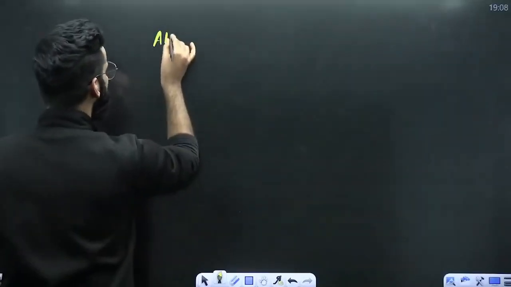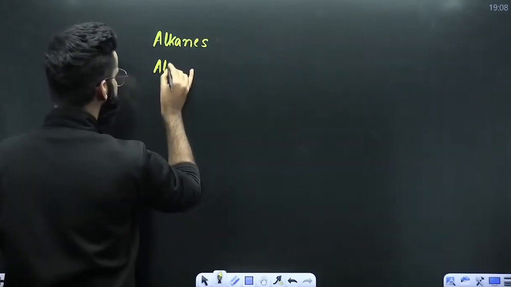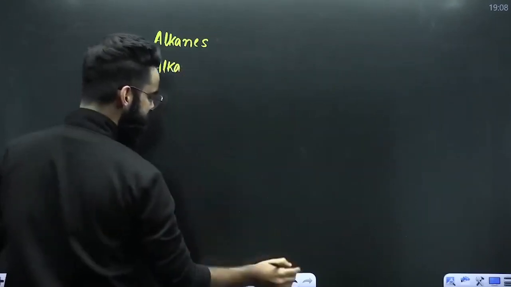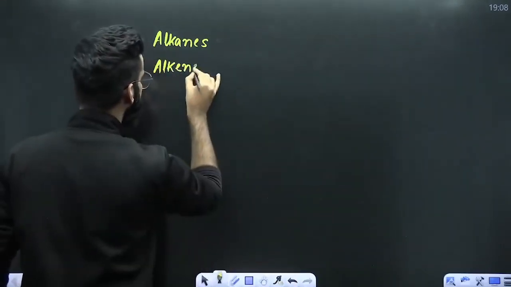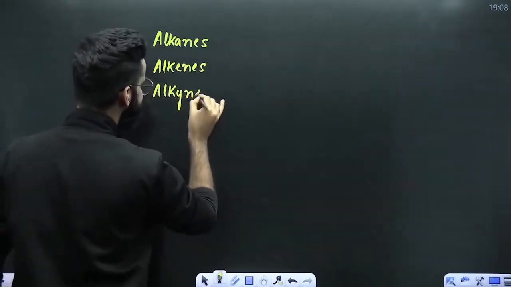First of all, we'll be starting with the nomenclature of alkanes. Then we are going to discuss the nomenclature of alkenes. Then we shall be discussing the nomenclature of alkynes.